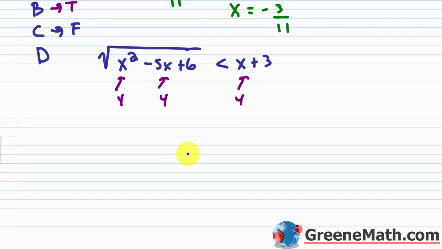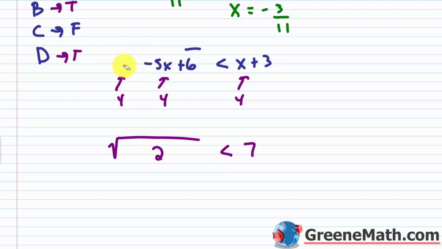What would I get? The square root of 4 squared is 16. Then minus 5 times 4, which is 20. Then plus 6, and this is less than 4 plus 3, which is 7. 16 minus 20 is -4. -4 plus 6 is 2. So you'd have the square root of 2 is less than 7. That's obviously true. So things in interval D will work.